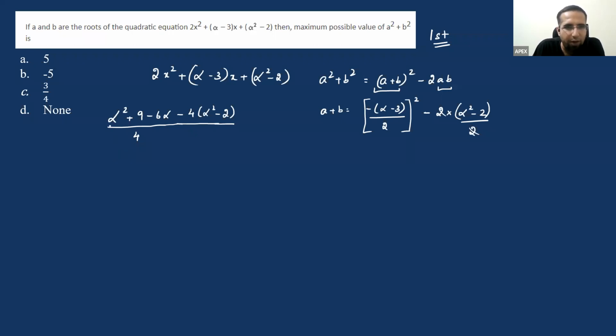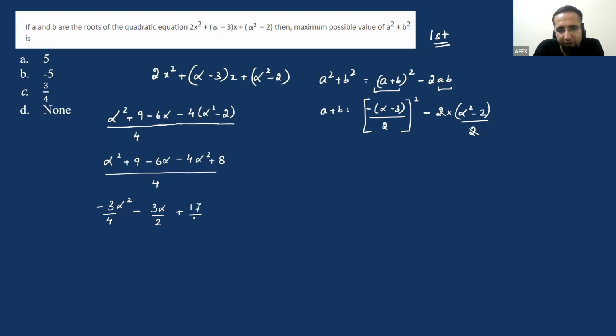If I open my bracket, this is alpha square plus 9 minus 6 alpha minus 4 alpha square plus 8, divided by 4. Or if I simplify, this becomes minus 3 alpha square, or minus 3 by 4 alpha square. Clear? And then we have minus 6 alpha by 4. 6 alpha by 4 will give you 3 alpha by 2. Clear? And plus 9 plus 8 will give you plus 17 divided by 4.